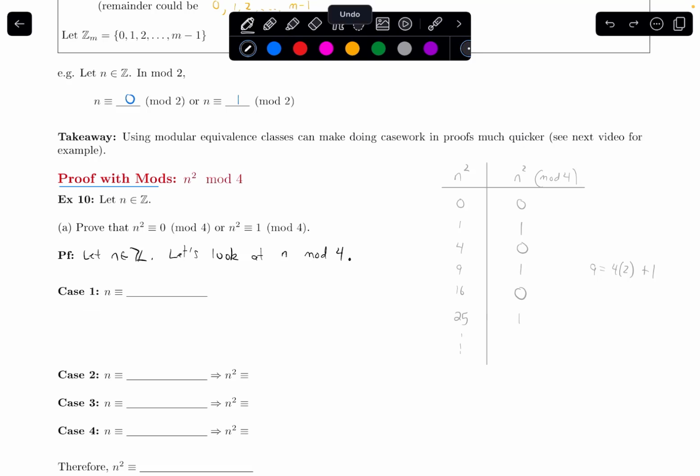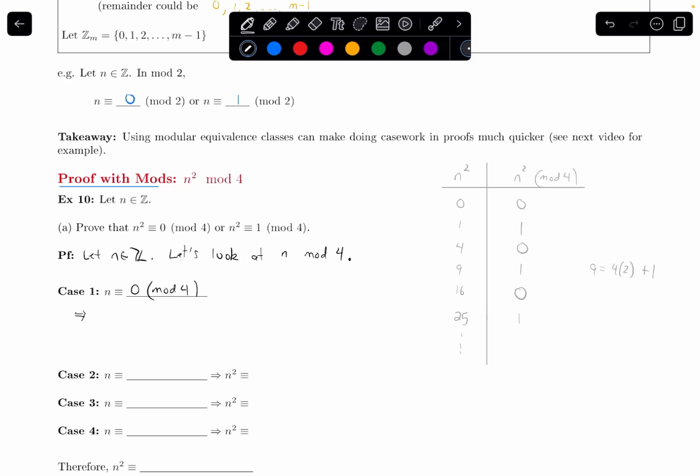The first case is, well, n could be congruent to 0 mod 4. That means that n, when I divide it by 4, will have a remainder of 0. Okay, that's the first possibility. So if that was true, we've seen before that when we have a congruence like this, we're allowed to raise both sides to a positive exponent power.